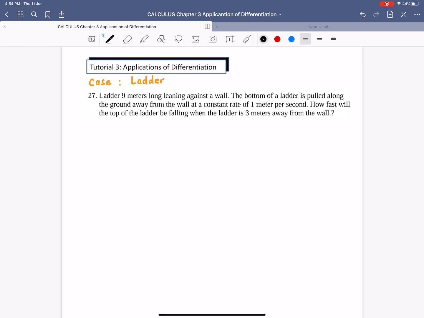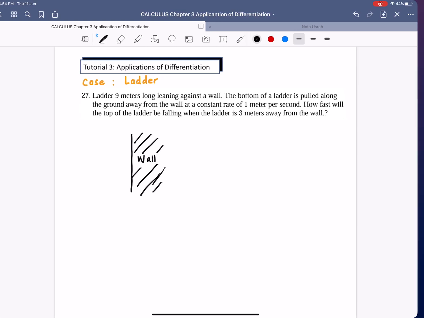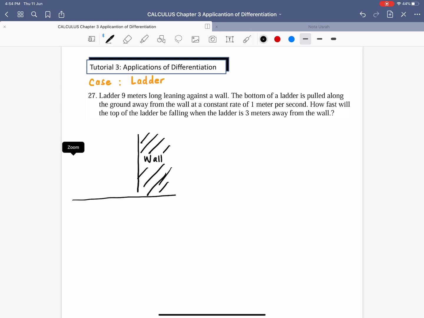Let us put this problem into a sketch. So let's say this is the wall, the wall of the building. And then we have a ladder here. This is the ladder, and it is 9 meters long.